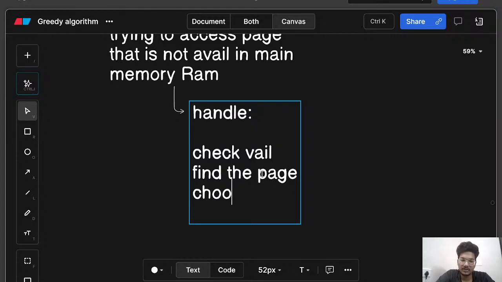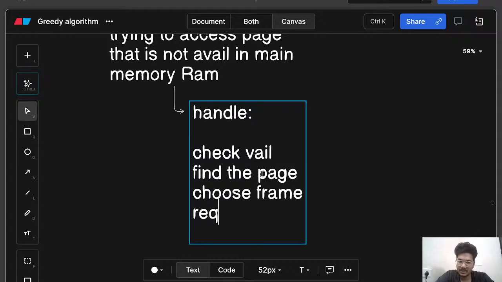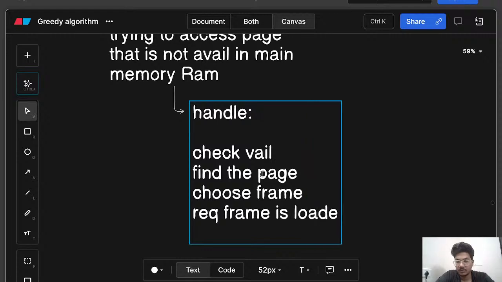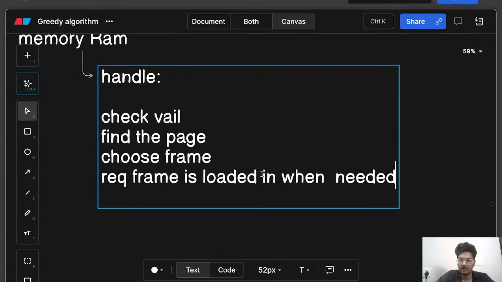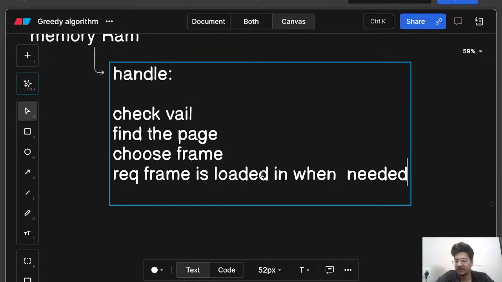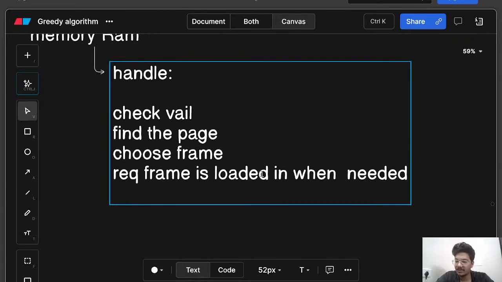Then load the page: the required page is loaded into the chosen frame in RAM. Update the page table and restart the instruction. In short, a page fault is normal in a virtual memory system. It lets the process access more memory than is physically available.